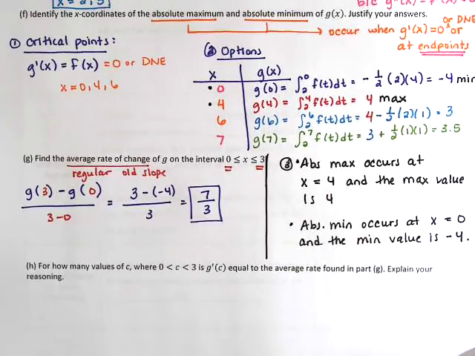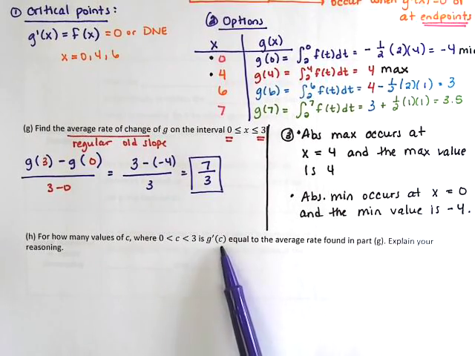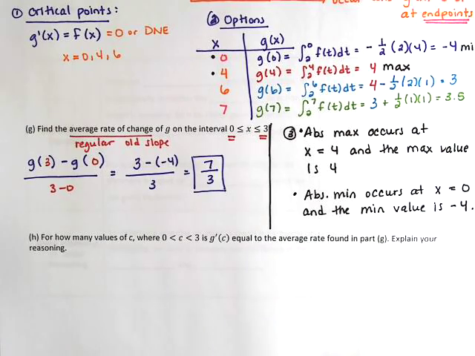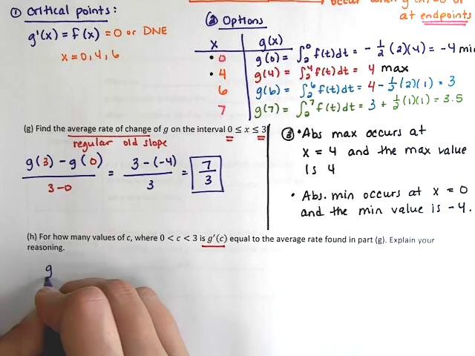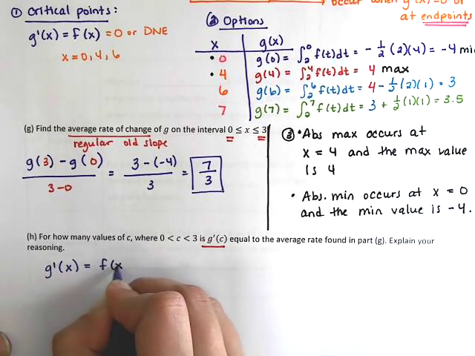And lastly, for how many values of c is the derivative equal to the average rate that we found? Explain your reasoning. So in other words, we want to know if g prime of some number is ever equal to 7/3. Now, if we think back to what g prime was, we learned in part B that g prime of x was really just f of x.